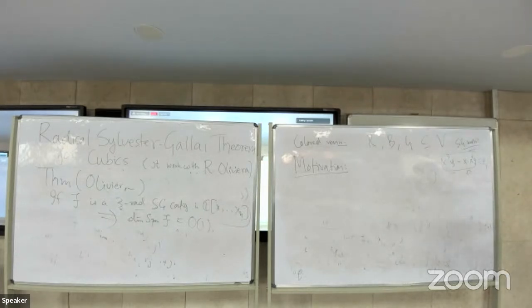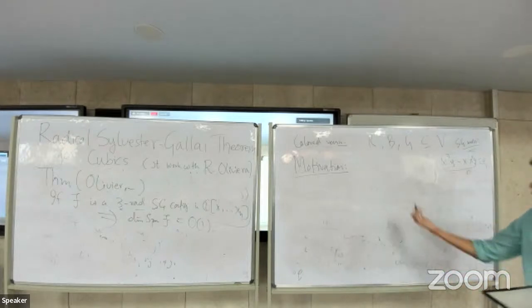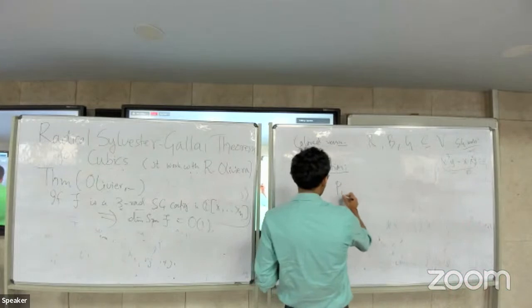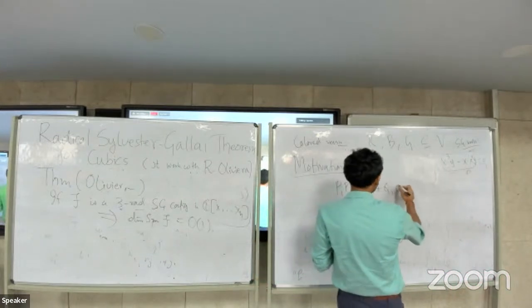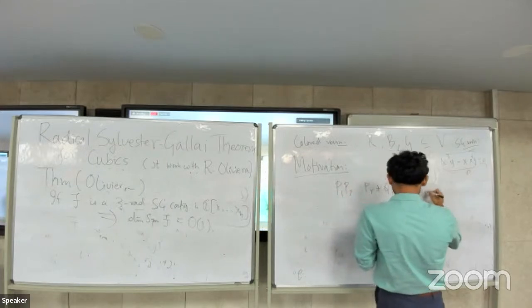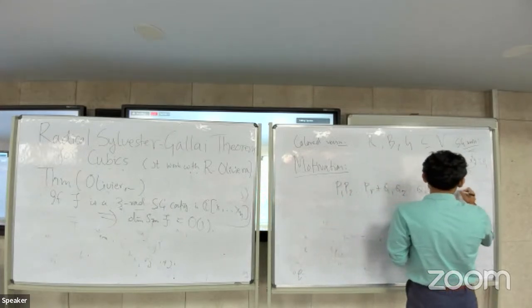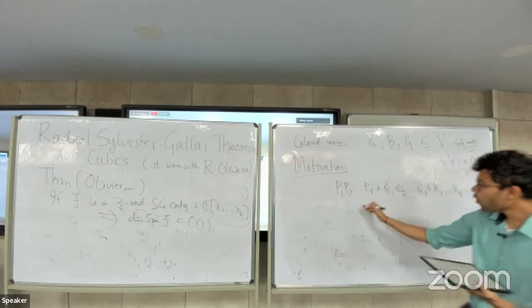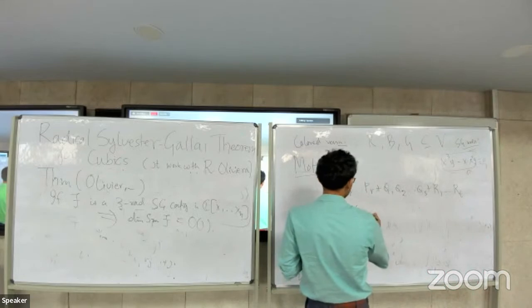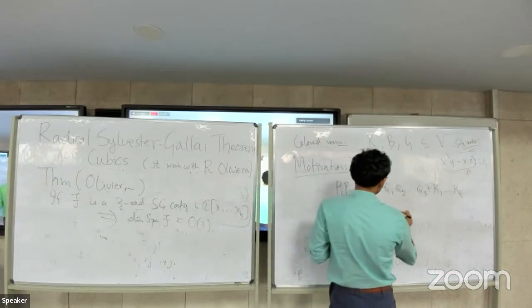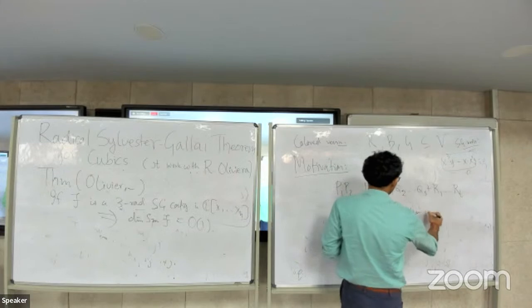But the question is, I give you some polynomial expression. How do you come up with an algorithm to decide whether this polynomial is identically 0 or not? For example, maybe I give you an expression like P1 P2 ... PR plus Q1 Q2 ... QS plus R1 ... RT, where all of the Pi, Qj, Rk are irreducible homogeneous polynomials.